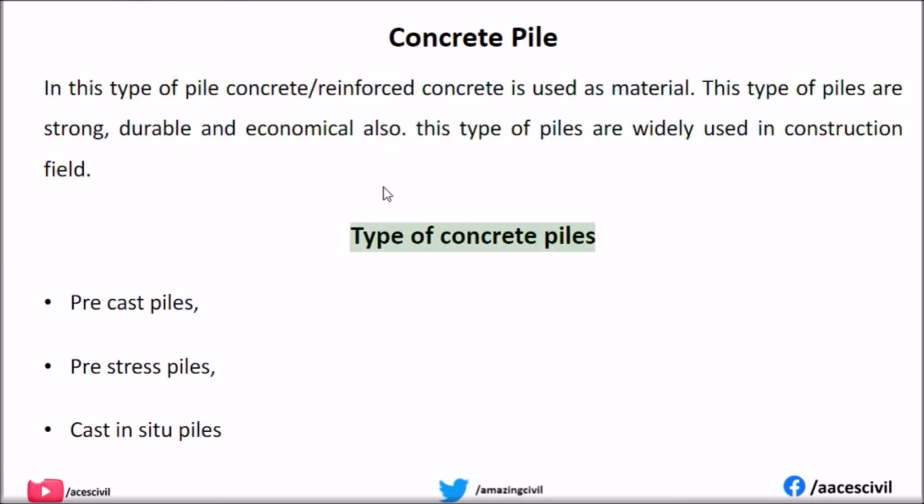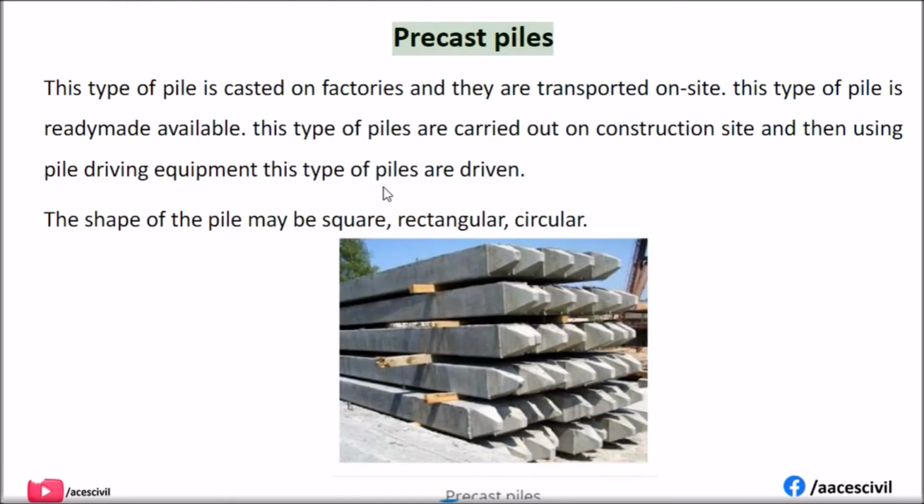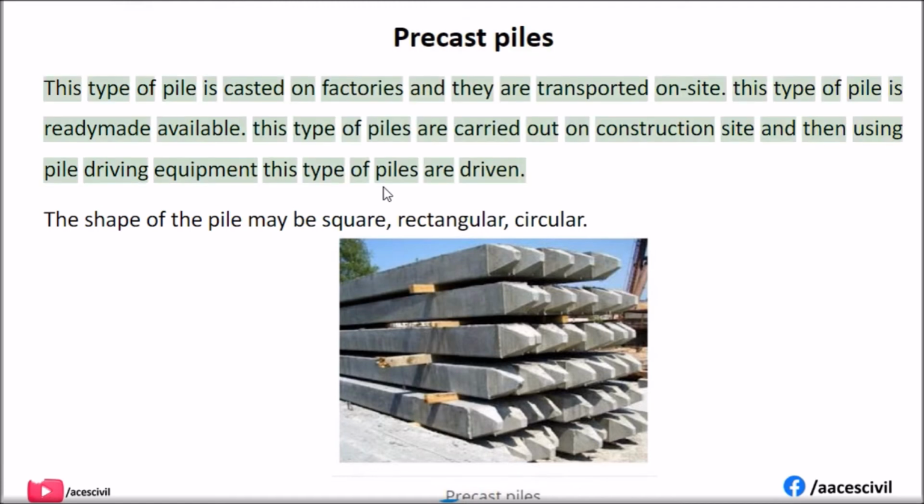Types of concrete piles: precast piles, pre-stress piles, cast in situ piles. Precast piles. This type of pile is cast in factories and transported to site.